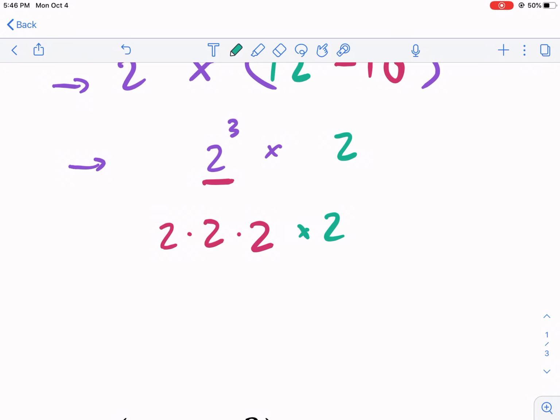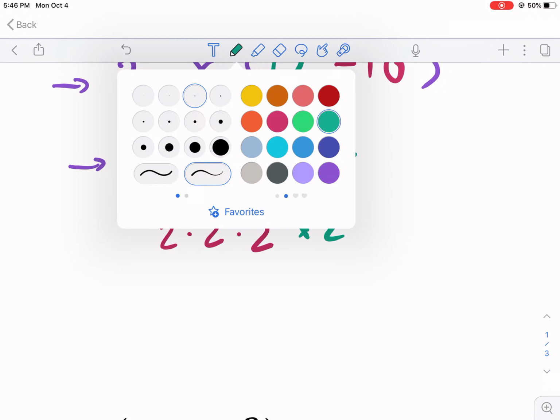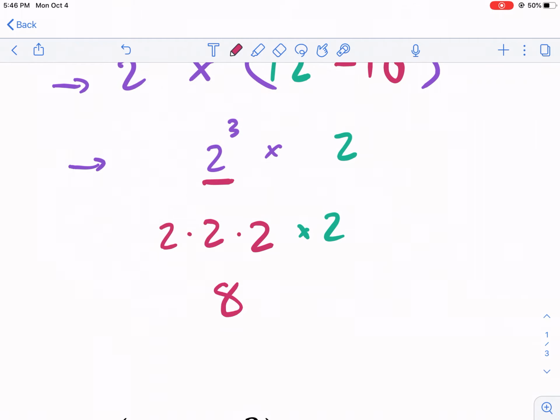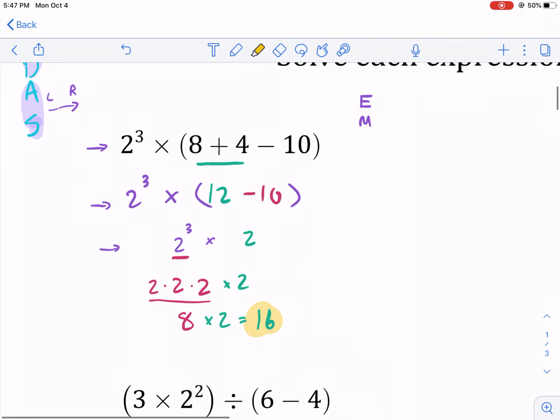But if you prefer, I'll write it as an X. So 2 times 2 is 4, times 2 is 8, and I have to multiply this by 2 still, following my order of operations, and my final answer is 16.